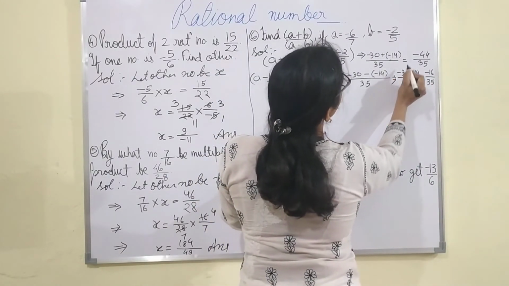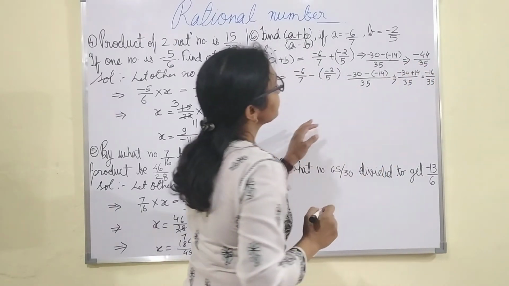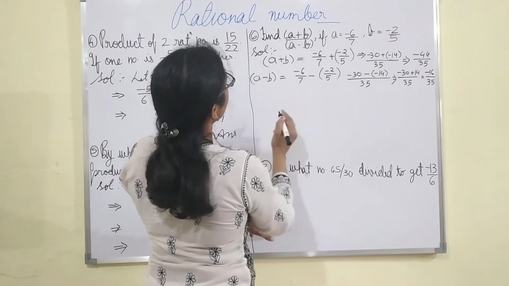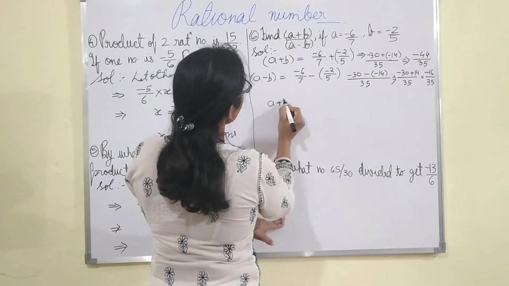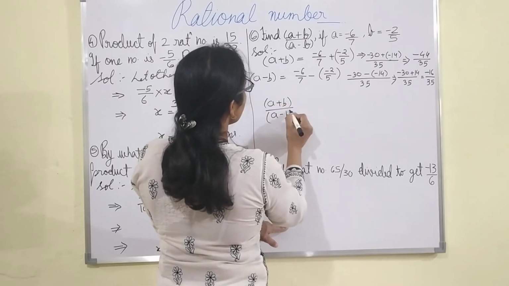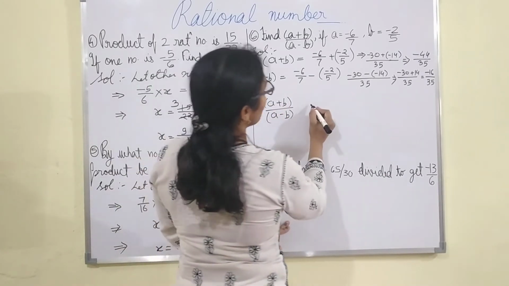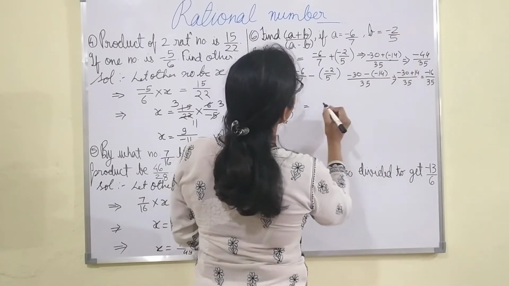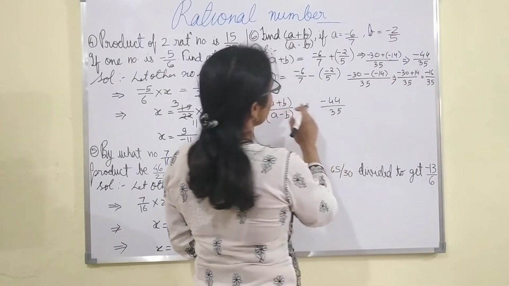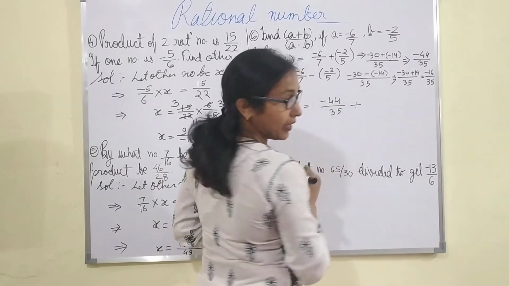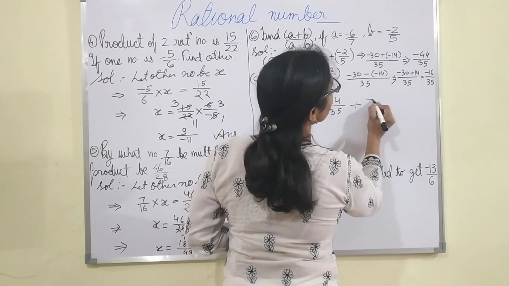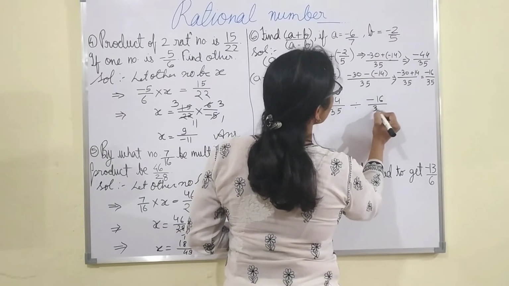Okay. Now we have to divide these two numbers, means a plus b divided by a minus b. So the value of a plus b is minus 44 upon 35, divided by a minus b, minus 16 upon 35.